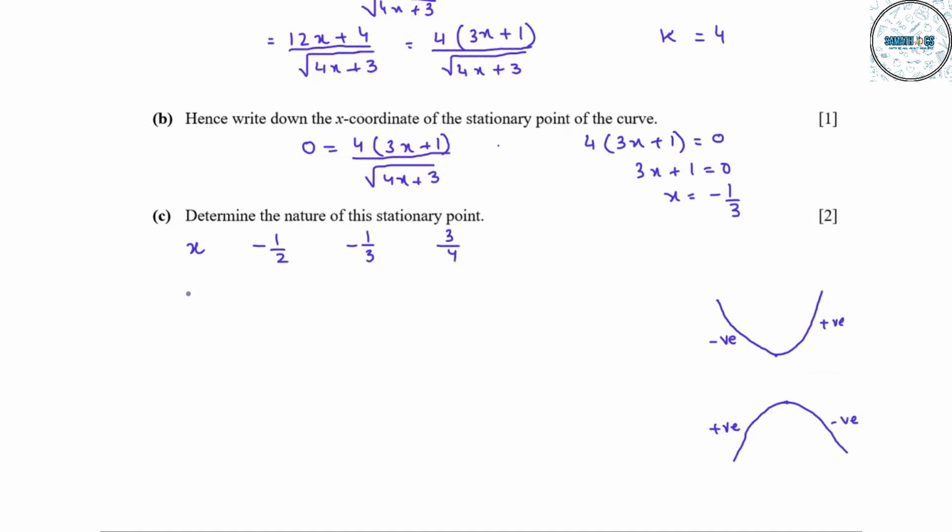So let's find out the gradient. At -1/3, it is 0. So we will take out the gradient at another point.